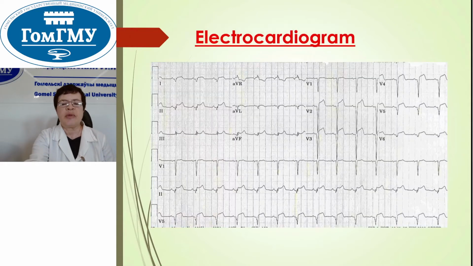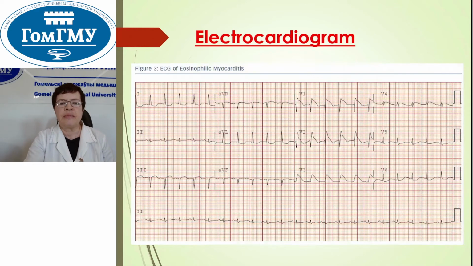So on this picture you can see a patient with myocarditis, which looks like acute myocardial infarction. The changes are in the first, AVL, V2, V3, V4, V5 and V6, and also second, third and AVF leads.